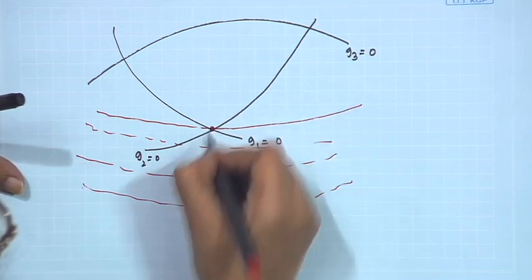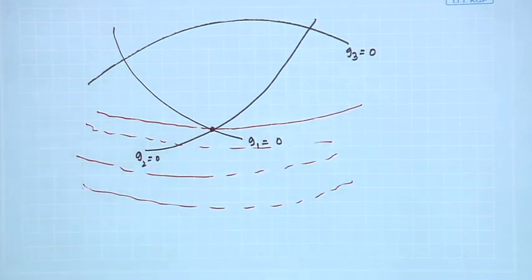Then this is the optimal solution. This graph we have already shown you before.